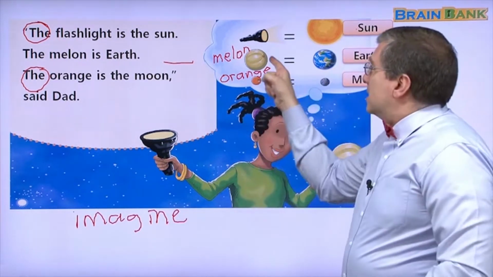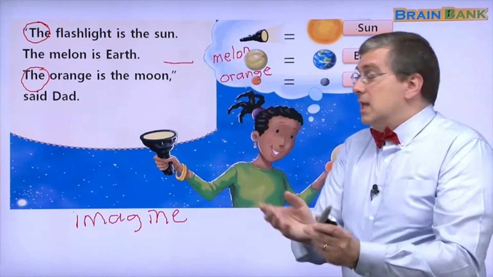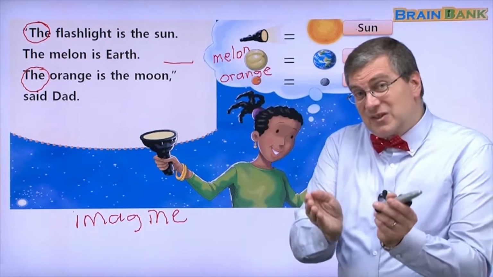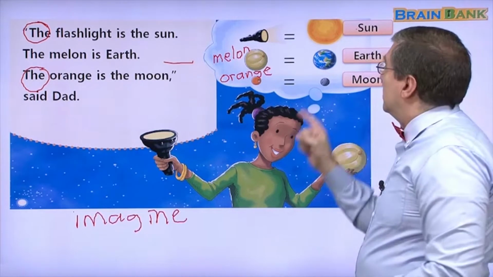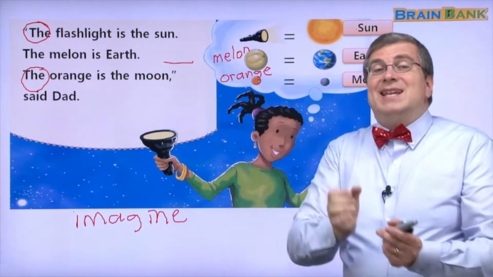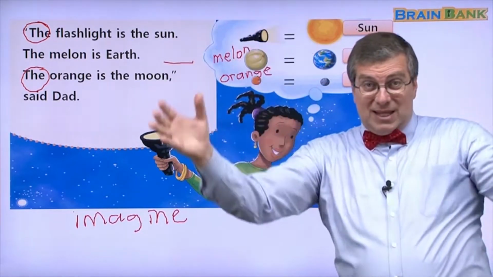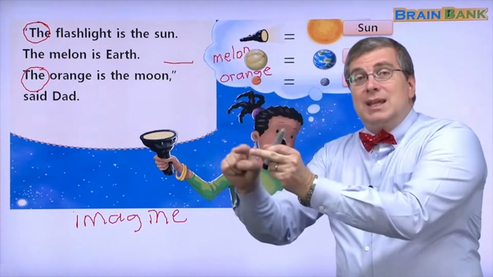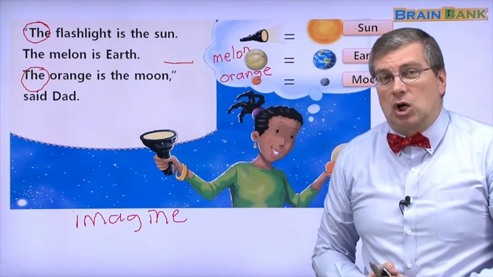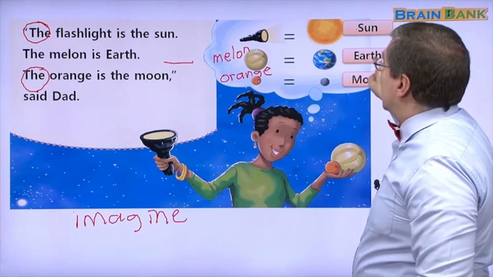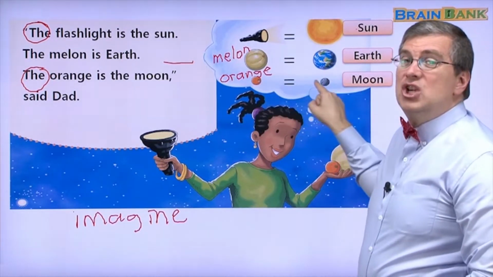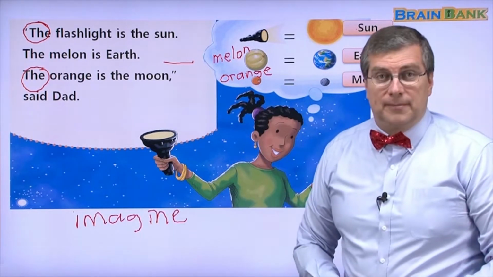Think about that. The melon is big. The orange is small. Why? Because the earth is bigger than the moon. So the melon is the earth and the orange is the moon.